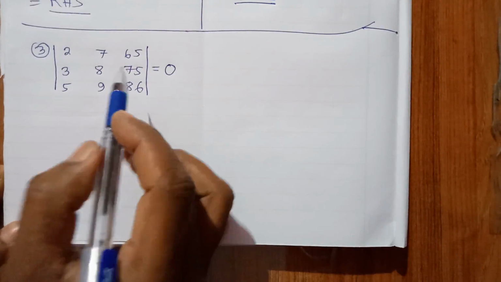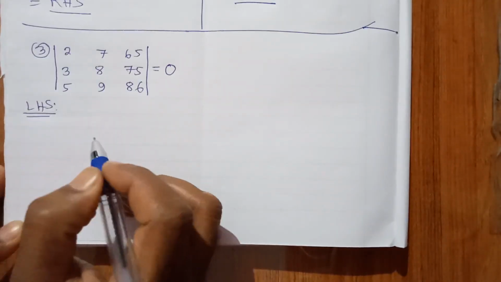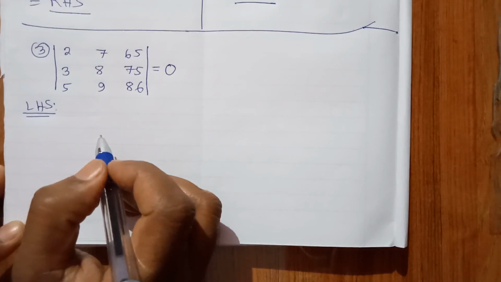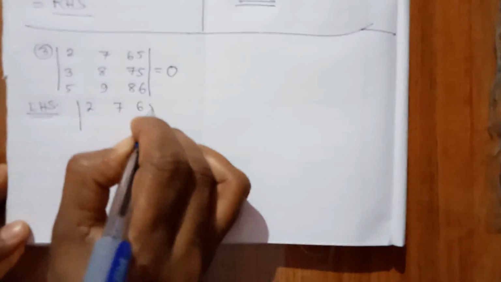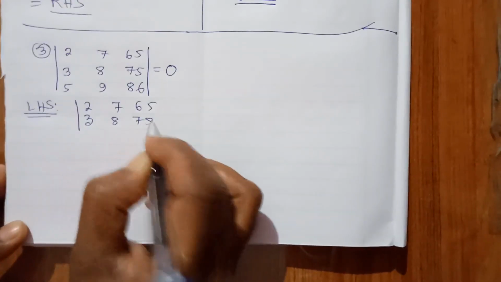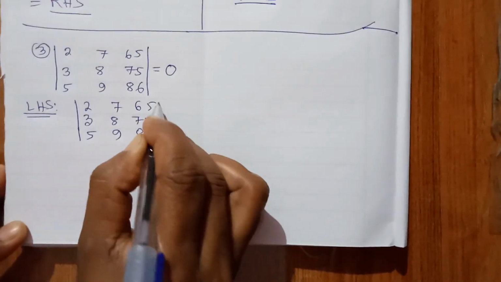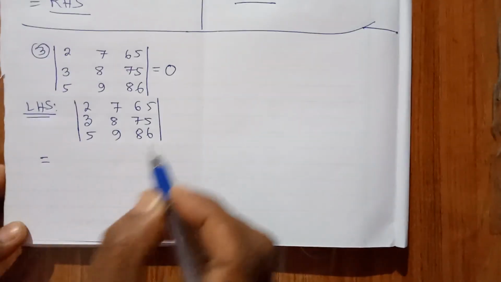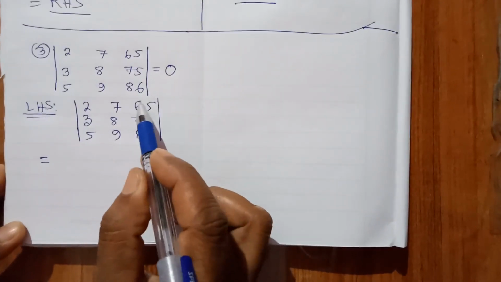Now question number 3. See it carefully. It is 2, 7, 65, 3, 8, 75, 5, 9, 86. Now the third column elements are all the larger elements.